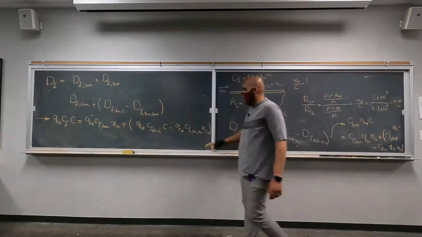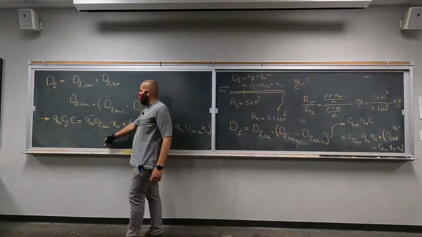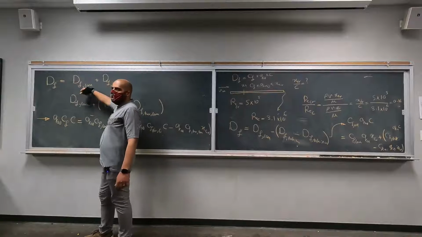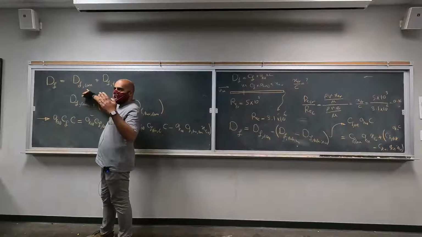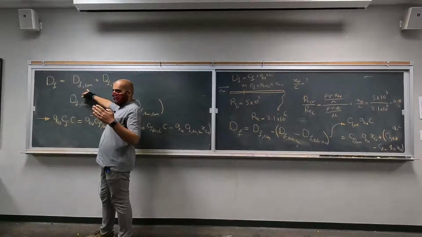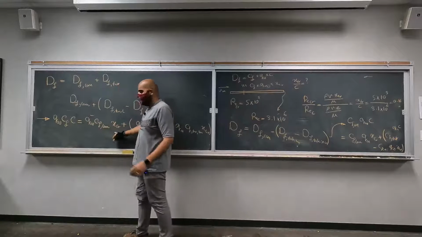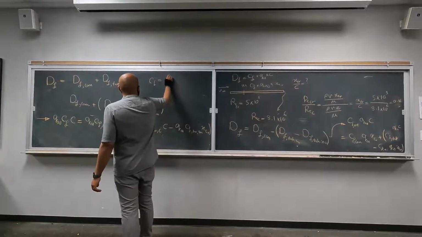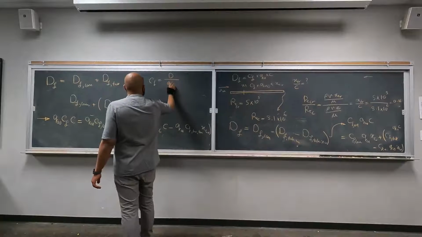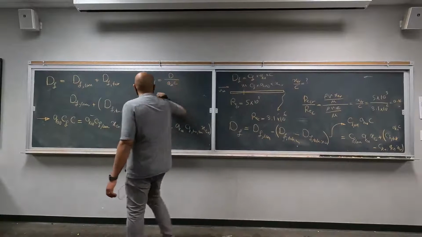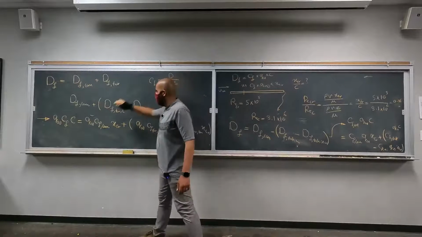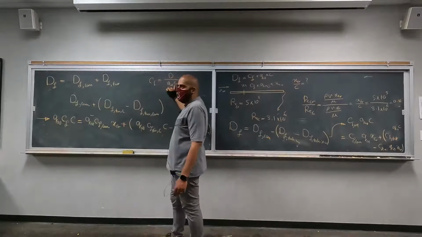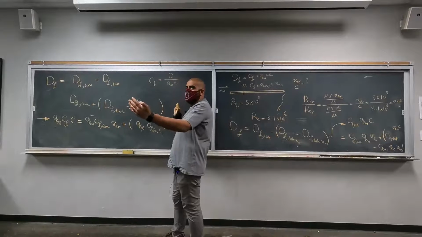Are we clear on what happened here? This laminar part is only true from 0 to X critical, right? Okay. So this was the definition of the friction coefficient, right? D Q infinity C. But here, for the laminar part, this C is actually X critical because this only applies from 0 to X critical.